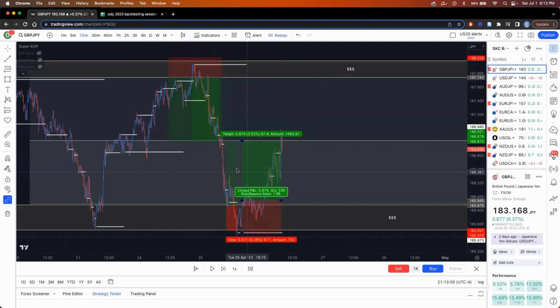Okay, so we can see that the first buy didn't go so well. The second one did, but we have a much lower risk to reward.